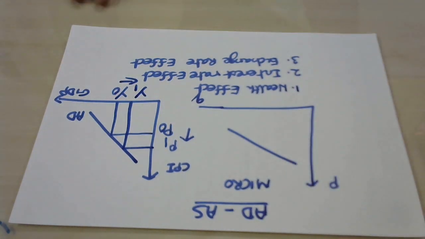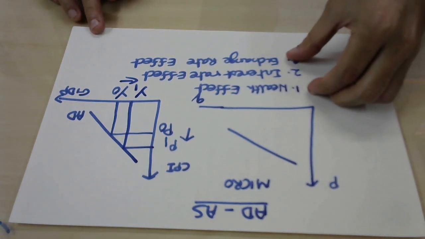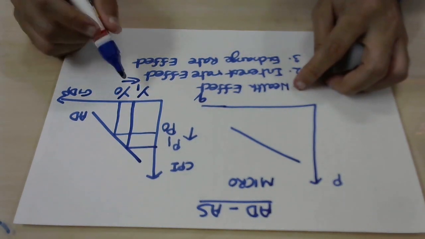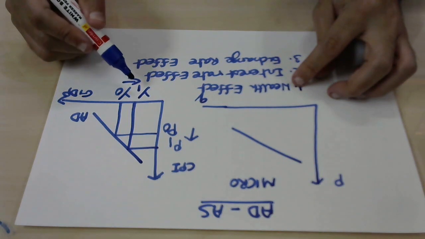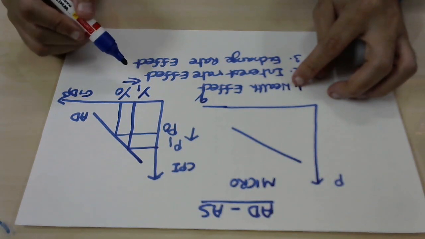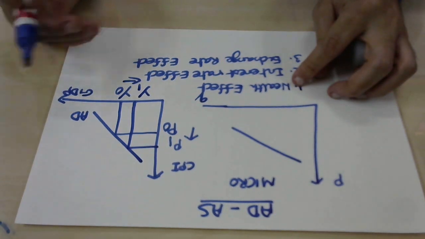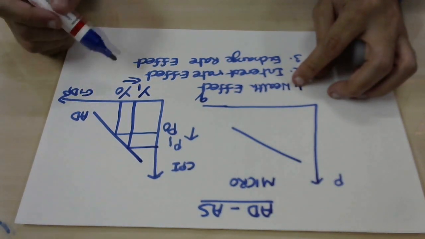Why does this happen? We are saying this happens because of three reasons: the wealth effect, the interest rate effect, and the exchange rate effect. How does the wealth effect work? Now when the price level goes up, the real income of people goes down. The money that you have in your wallet is now worth less because it can buy fewer goods and services, because the price level has gone up.